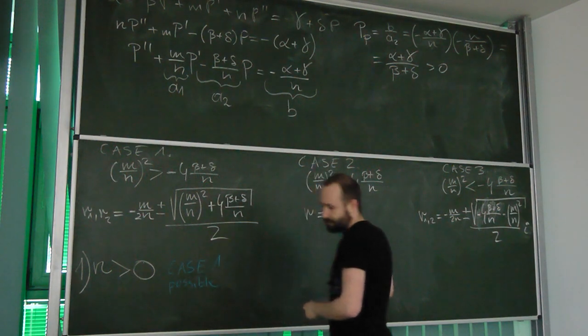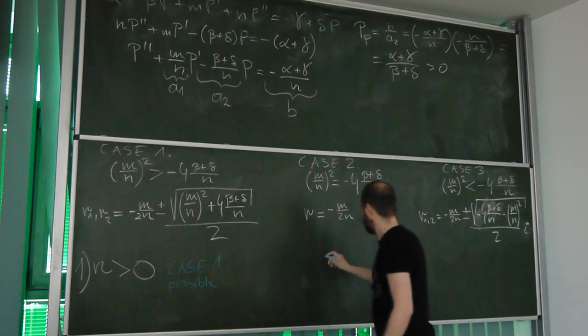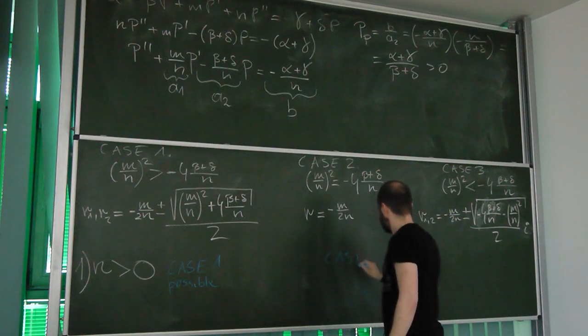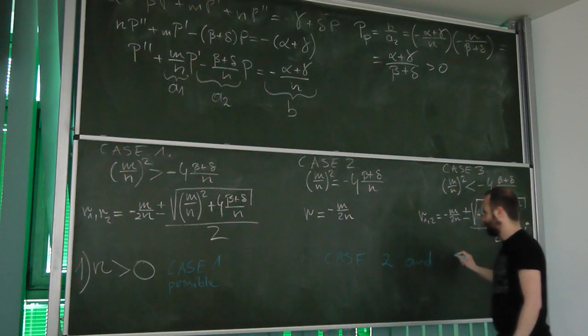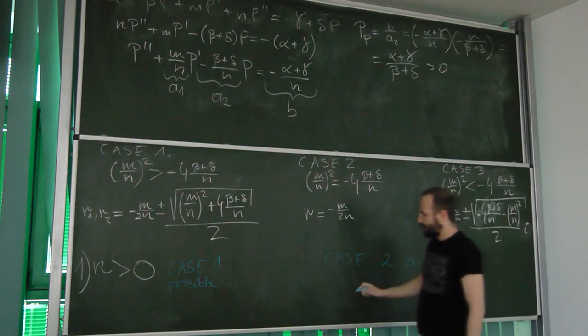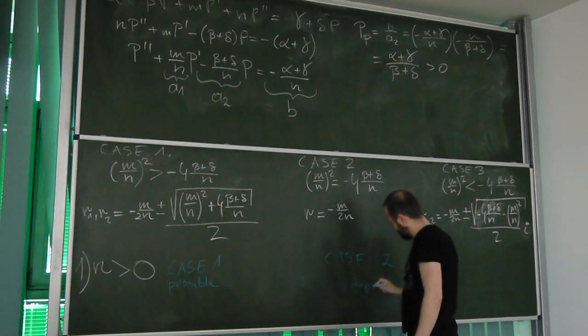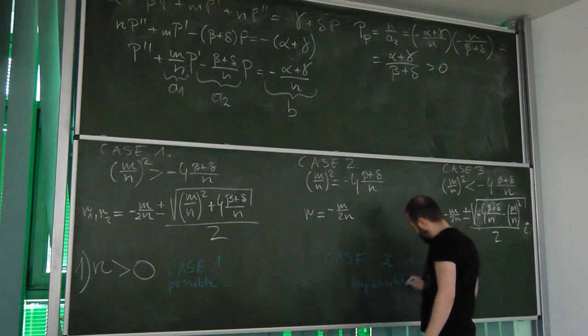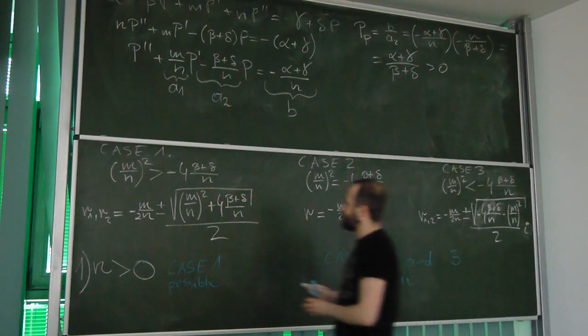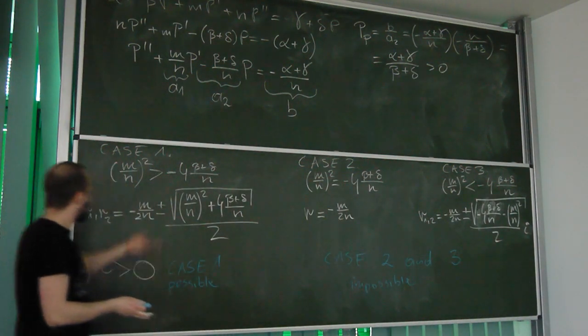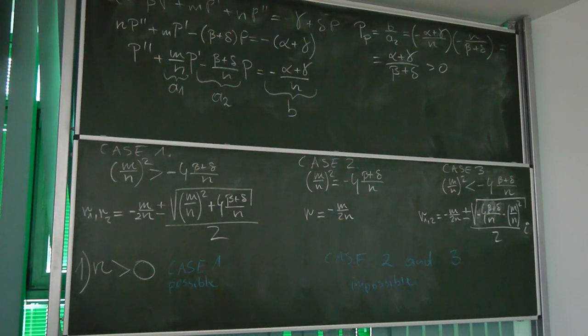On the other hand, case 2 and case 3 are impossible. Okay, so look, this actually limits our considerations by a lot. We just need to deal with case number 1.